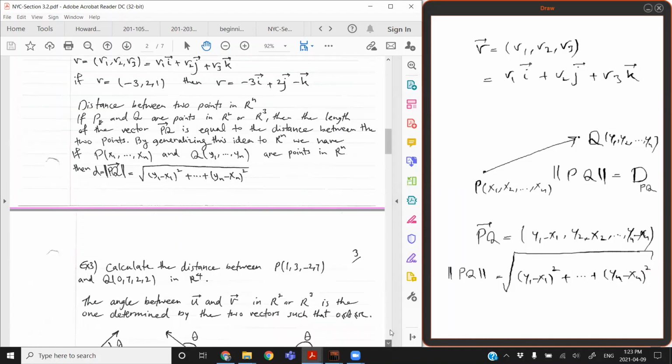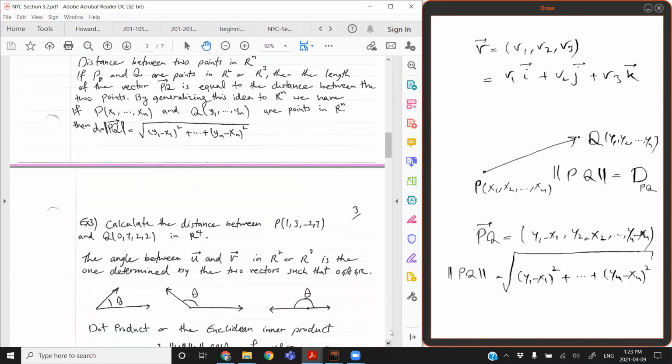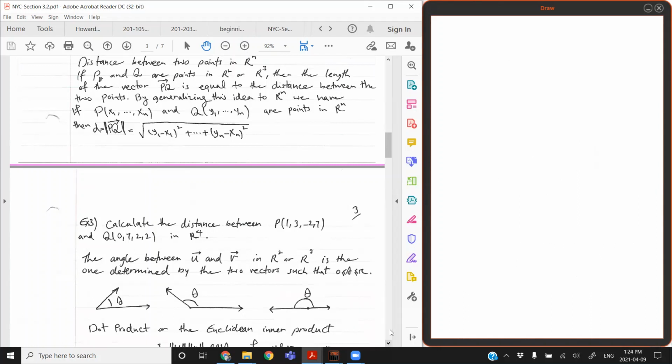So if I ask you to find the distance between these 2 points in R4, P is 1, 3, negative 2, 7, and Q is 0, 7, 2, 2. Then the vector PQ is going to be terminal minus initial.